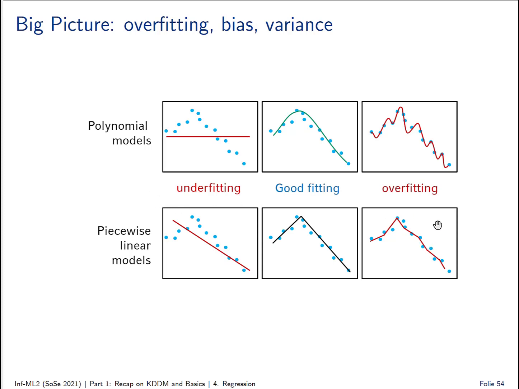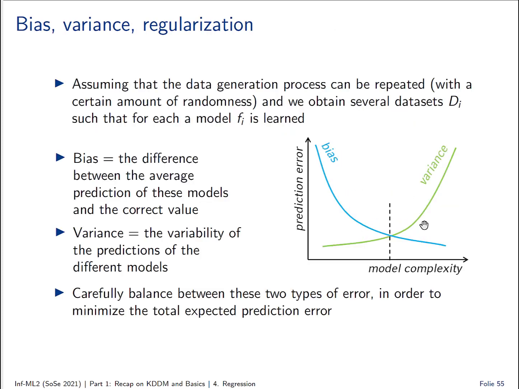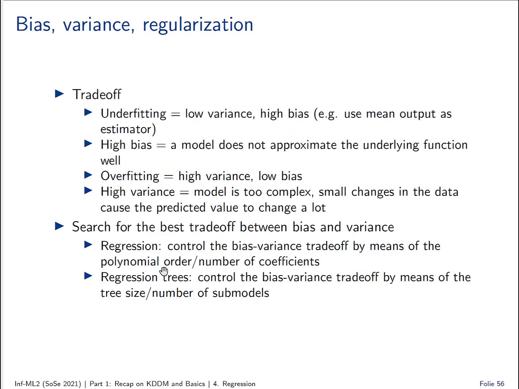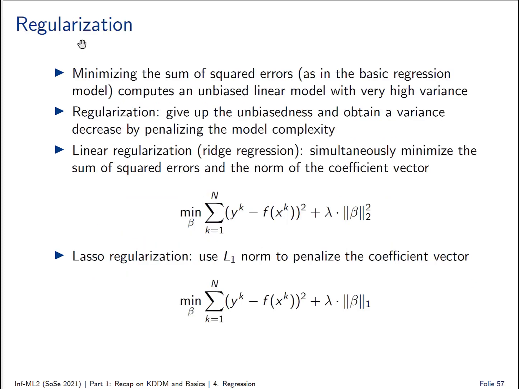And for regression trees or piecewise linear models, how many intervals, how many partitions do we have? The more we have, the higher the overfitting, the lower we have, the higher the underfitting. That's exactly the trade-off that we have here and also here. And that's how we control it. So how do we do that in the normal regression, in the linear regression or polynomial regression? We typically do regularization. The usual optimization goal of linear and polynomial regression is minimizing the sum of the squared errors.